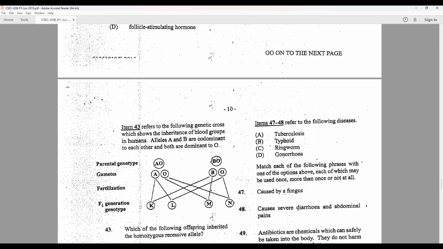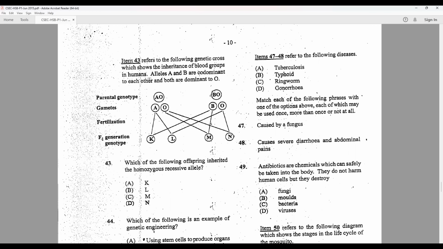Let's go on to question 43. It refers to the following genetic cross, which shows the inheritance of blood groups in humans. Alleles A and B are codominant to each other, and both are dominant to O. This is blood, so we have a genetic diagram or the start of it. Which of the following offspring inherited the homozygous recessive allele?